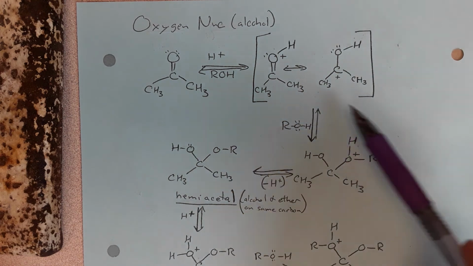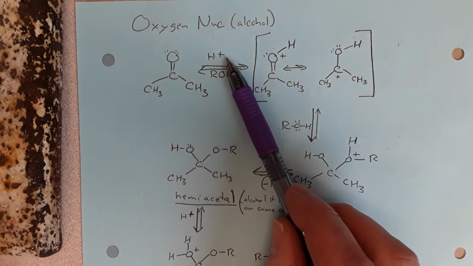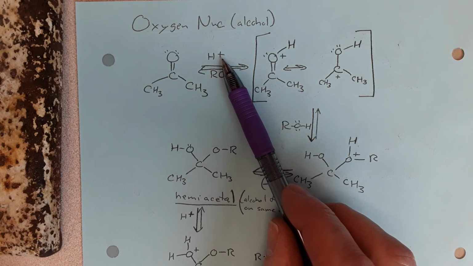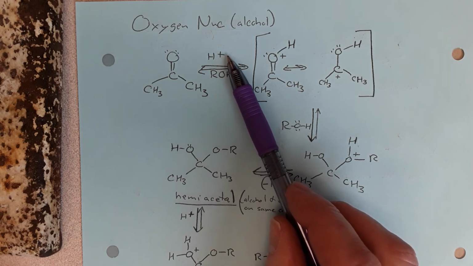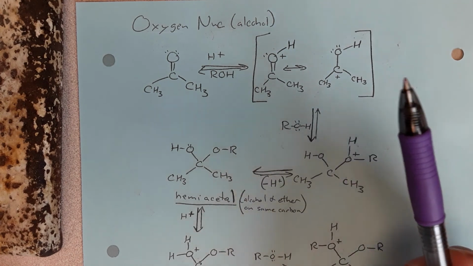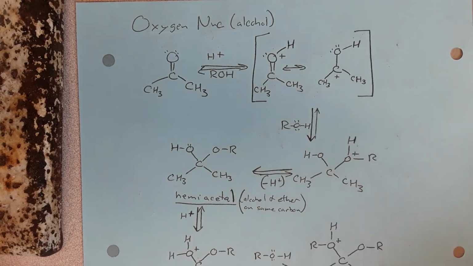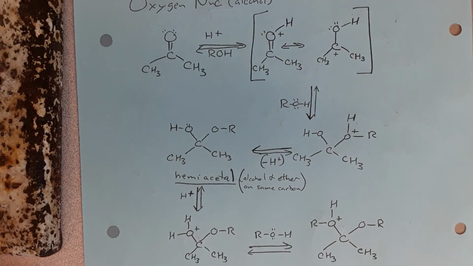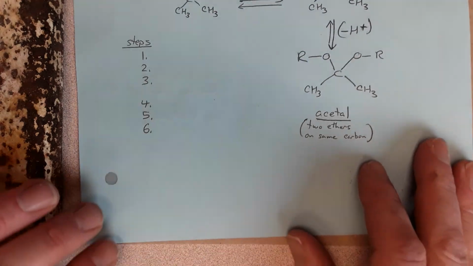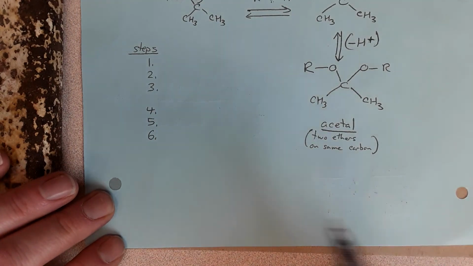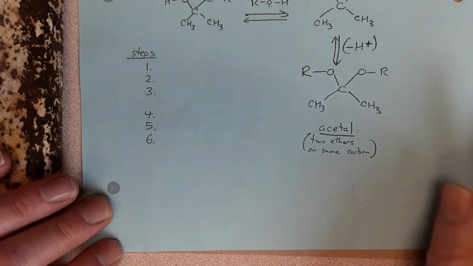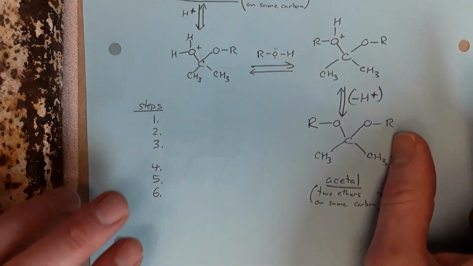Again, this is under acidic conditions, and so everything that we're going to work through in this mechanism will be either neutral or net positive charge, and there will be nothing that will have a negative charge in it. So go ahead and list on the bottom of this sheet all your bonds broken and bonds formed, and then we can check them off as we go through this mechanism.